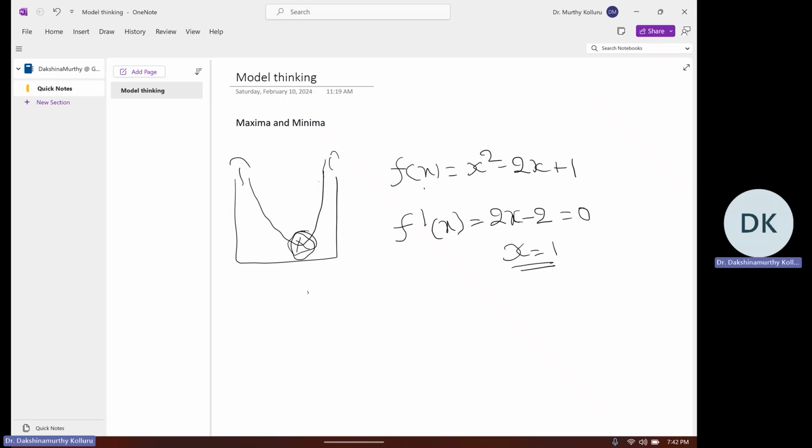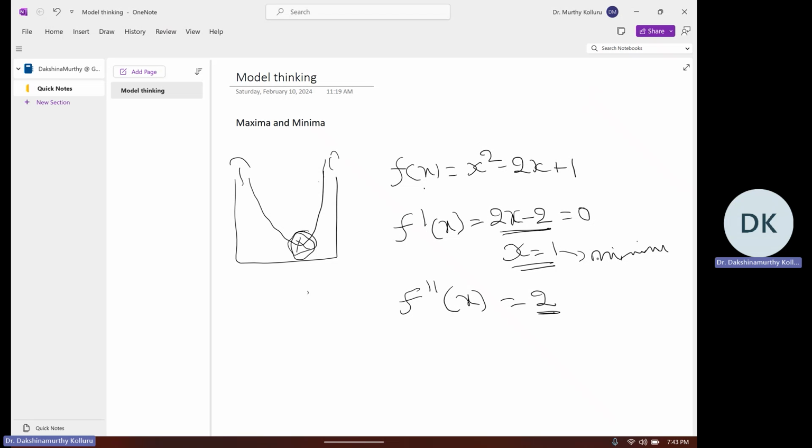So this thing takes a minima or a maxima at x equal to 1. Then to figure out whether it takes a minima or maxima, we will differentiate one more time. That will become 2. If this is positive, at this point, it's a minima. If that was negative, it would have become a maxima.